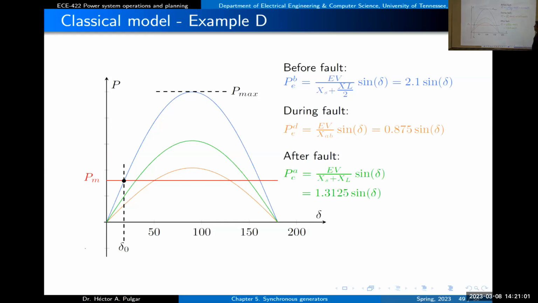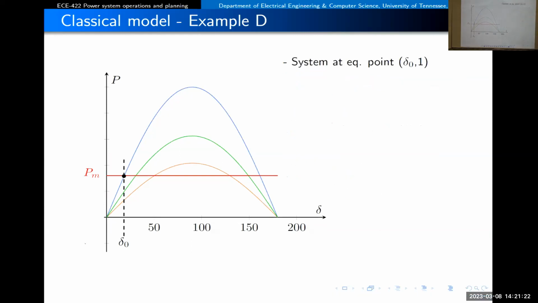So one thing that will happen here, if everything is fine and the machine survives, it's still stable, we will move from that equilibrium point to this equilibrium point. So the angle delta will increase a little bit because we will be operating just with one circuit in the transmission line. What is the situation now? So before the fault, the system was fine, stable.